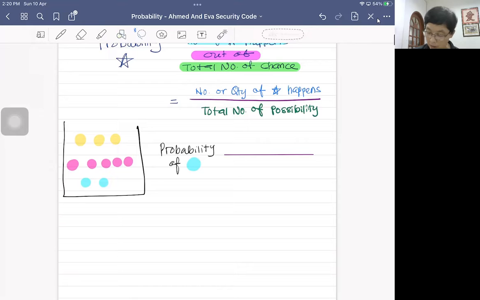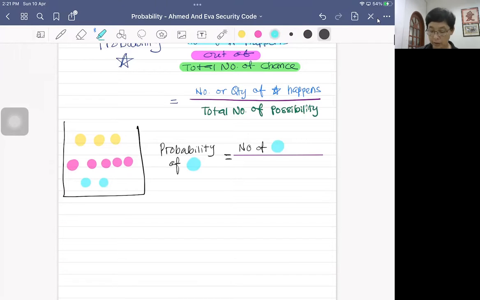It is a fraction of the total number of blue balls contained or available in the box. So that is, we're going to get the number of the blue balls.